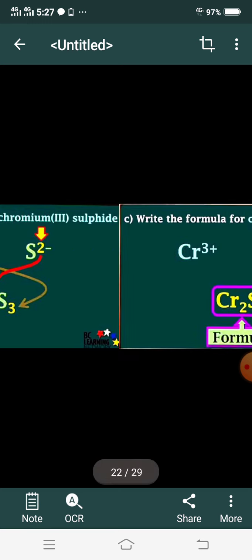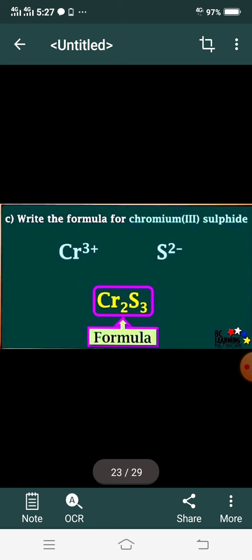Now you see that the numbers cannot be further simplified by any number, because 2 and 3 are two different numbers. So your final formula is Cr2S3.